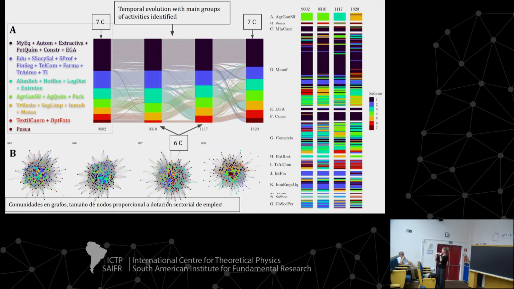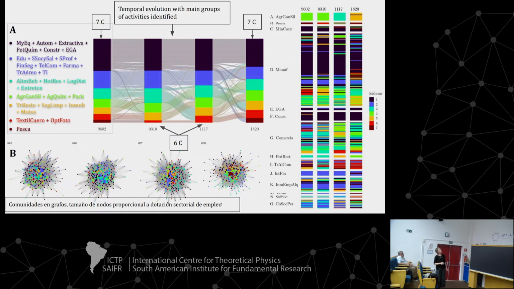What's more, Argentina in particular is a very special data set because we have a change of government and also the beginning of the pandemic, so it has to be analyzed very carefully. But we have basically observed 7 communities.